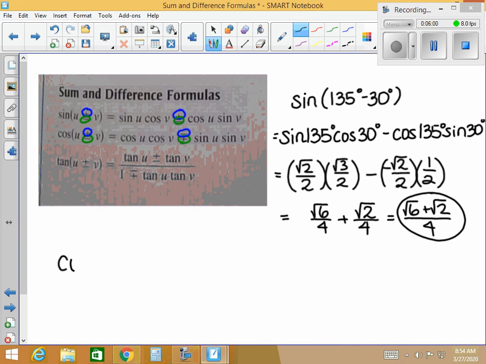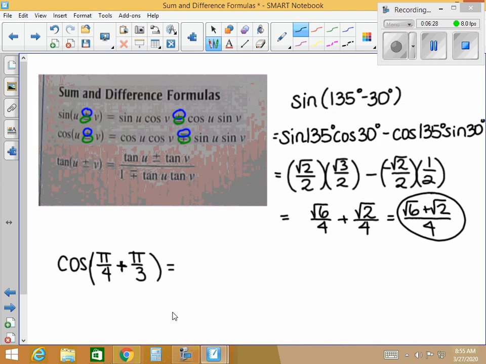Maybe I want to find the cosine of pi over 4 plus pi over 3. Sorry, that's kind of wonky looking. Our cosine relationship is the middle of those three up there, between the two, the blue and the green. If I have a plus sign in between, I'm going to use the top symbol.